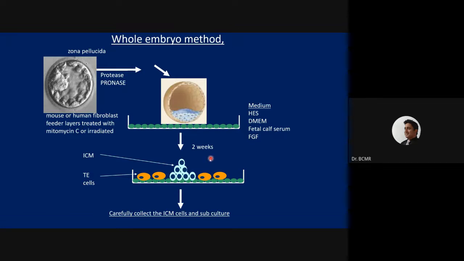In about 2 weeks or so, they will grow, and you can differentiate the cells that are derived from the trophectoderm, which have a low nucleoplasm to cytoplasm ratio, whereas the ICM grows as a lump with a high nucleoplasm to cytoplasm ratio. These are removed from this plate and subcultured, and that is how an embryonic stem cell line is established.